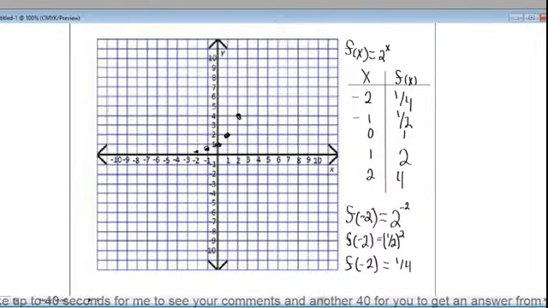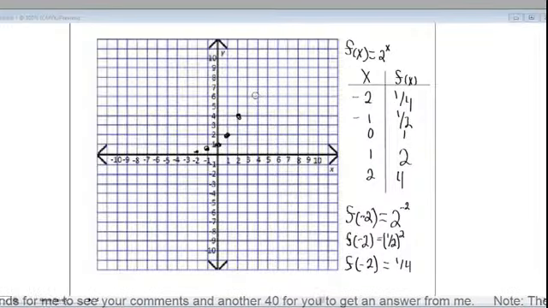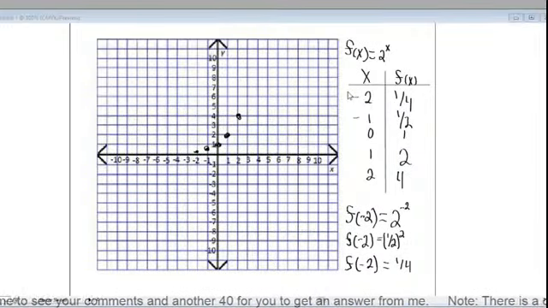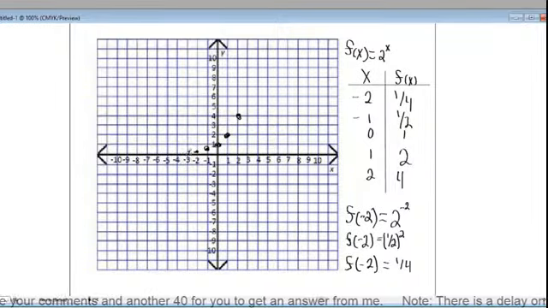So let me get a new color for our line. I'll make it red. And bear with me here, I'm going to try to make this line.